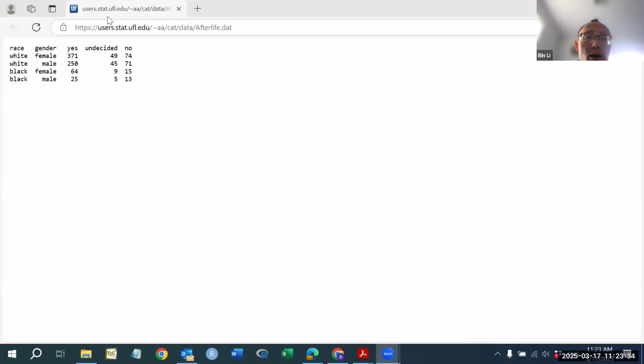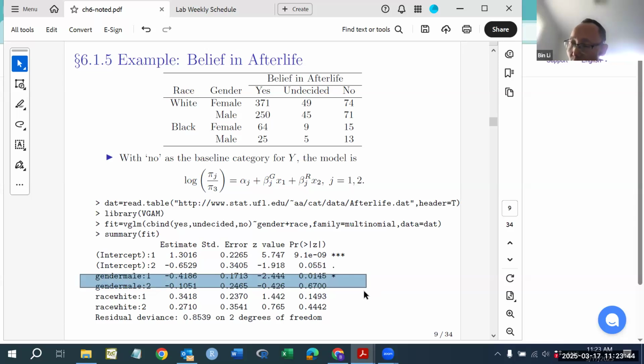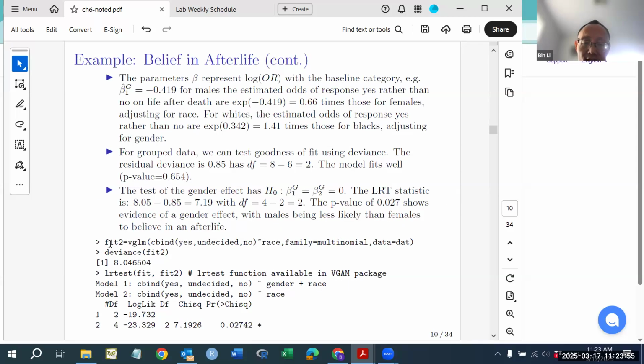Okay, let's just close here. So if we want to test gender as a group, if overall gender has a significant impact or not, then we should do it as a likelihood ratio test, right? So what we can do is fit a different model, fit 2. This time we only include the race.